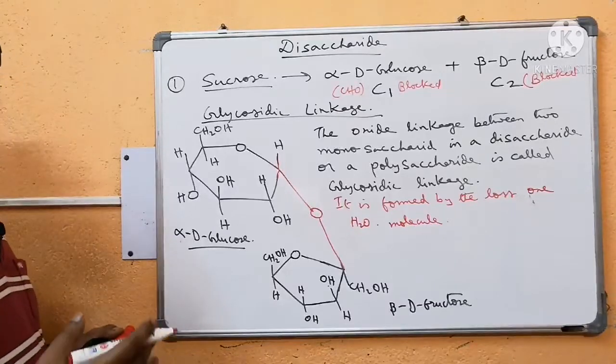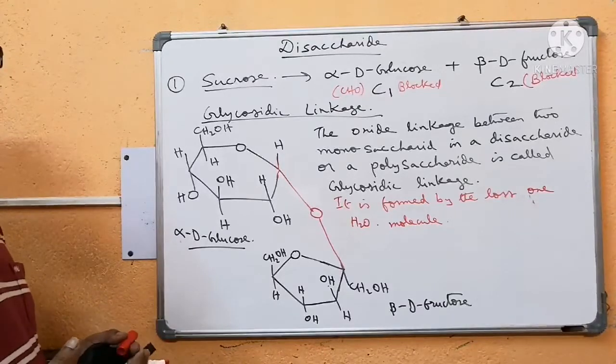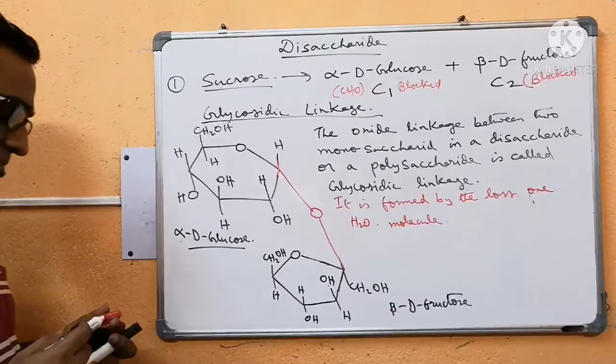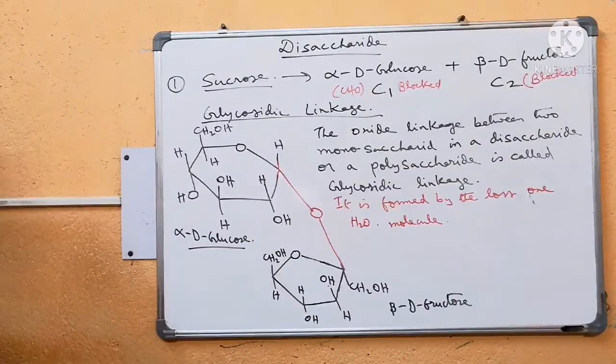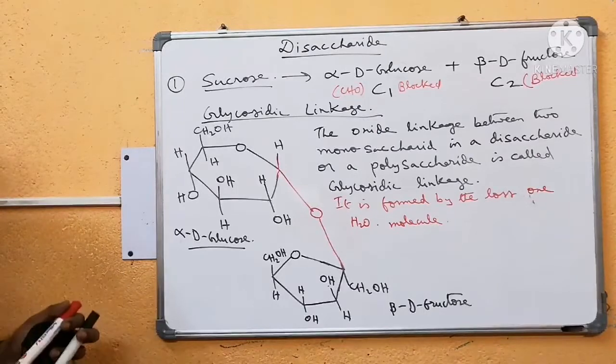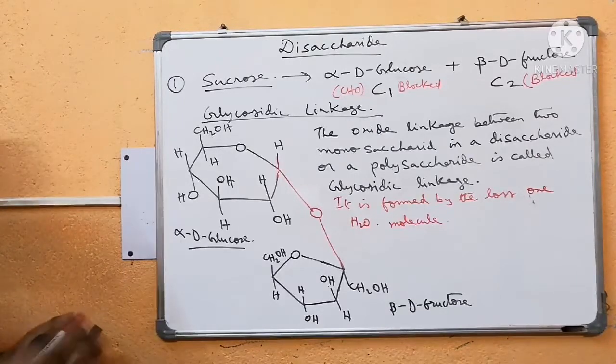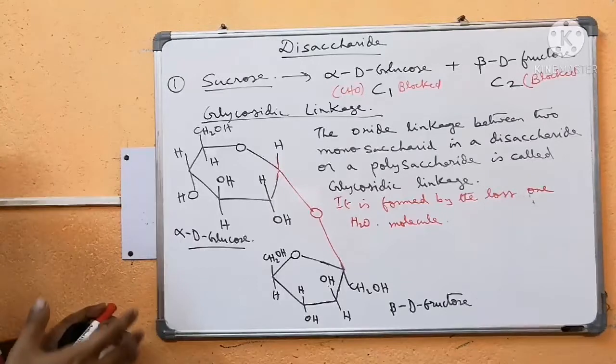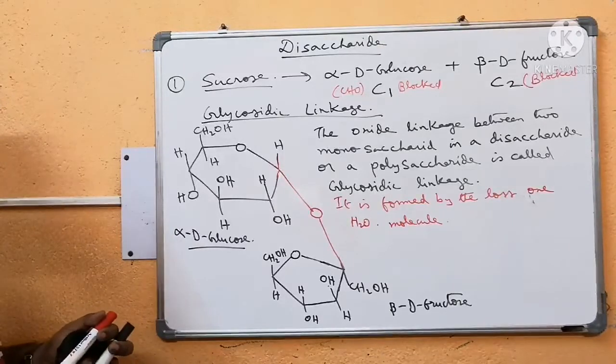So wherever a small molecule is removed, we call it condensation. I am not drawing the structure of lactose or maltose, that you can draw from the NCERT book itself. So next we will move on to the polysaccharides.